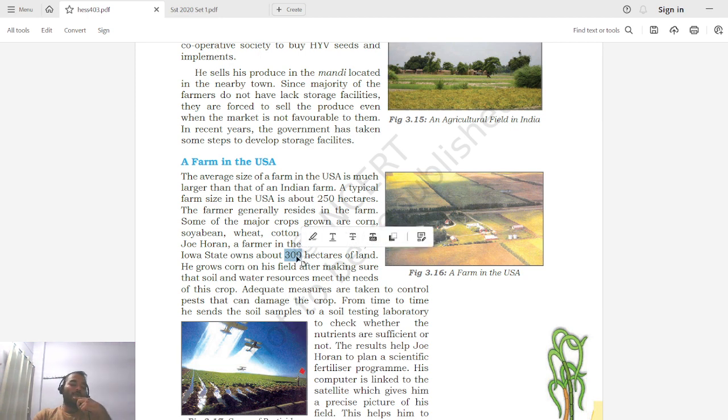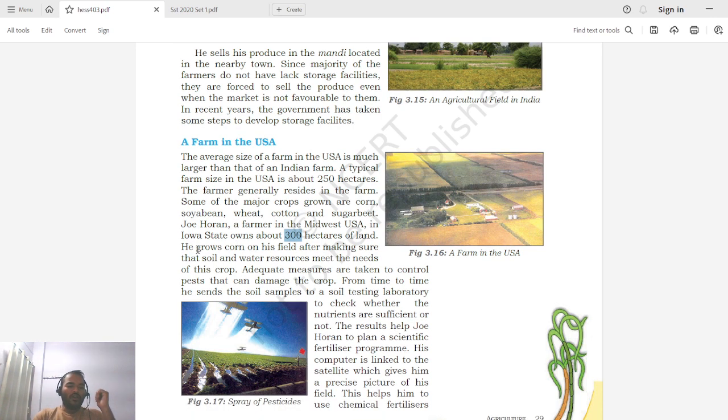So as compared to Munnalal, this is 200 times more. So it means Joe Horan equals 200 Munnalals. He grows corn on his field after making sure that soil and water resources meet the needs of the crop.